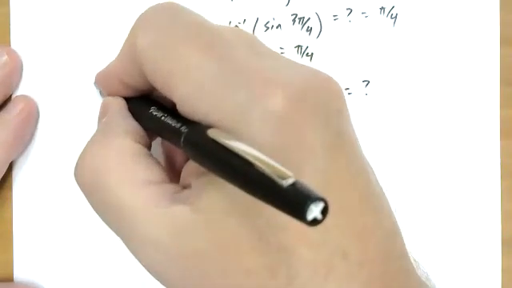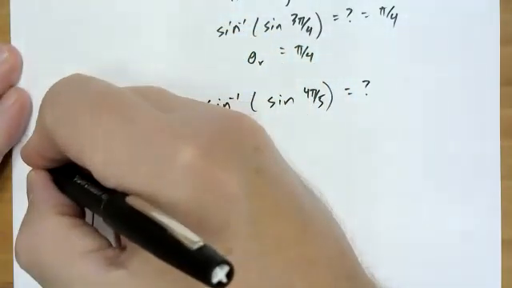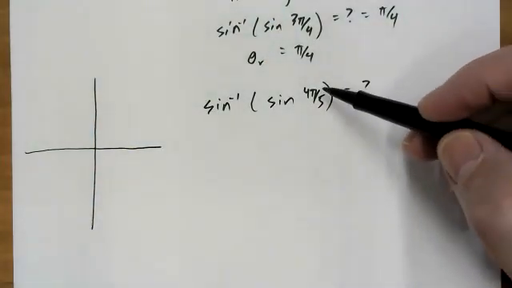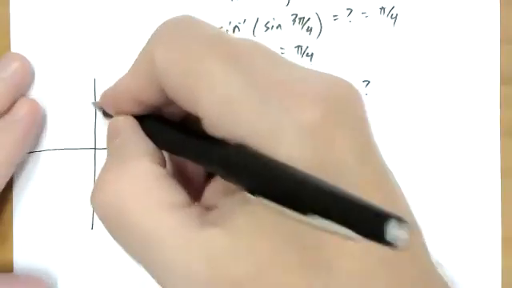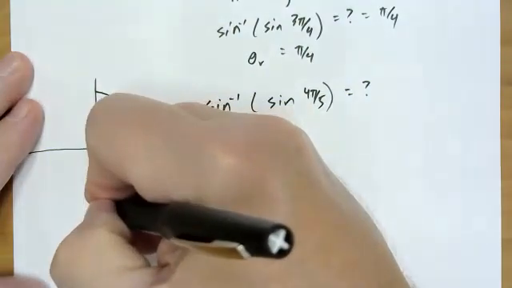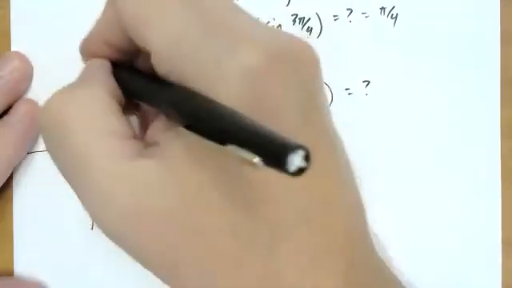Let me draw a new circle here, because we're going to have to do some work. Here are my allowed angles for inverse sine.